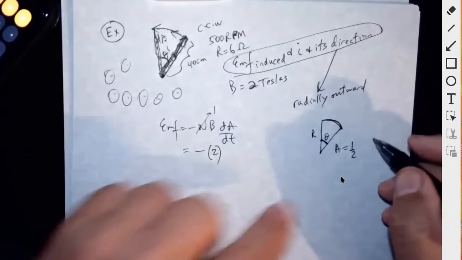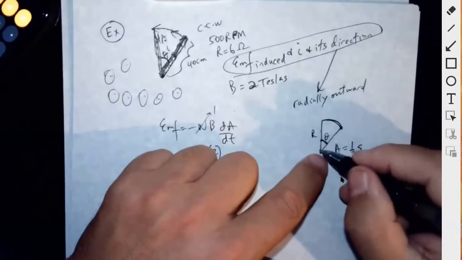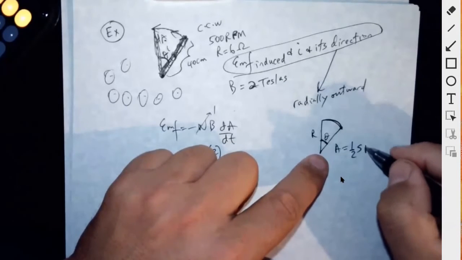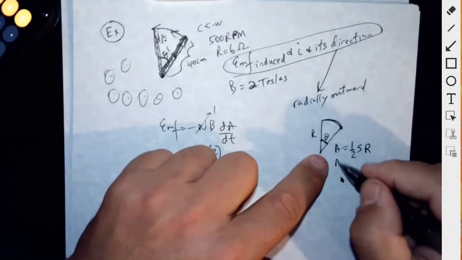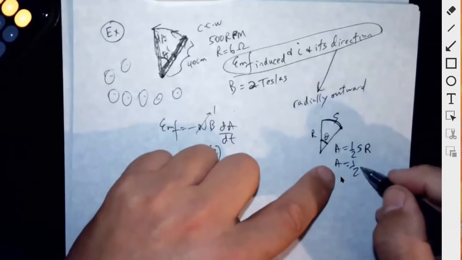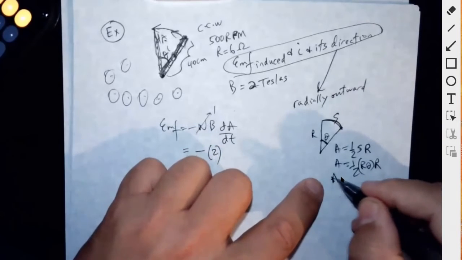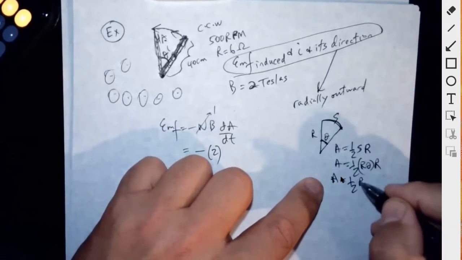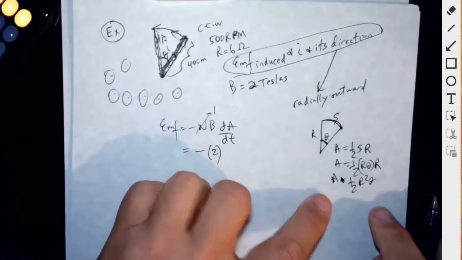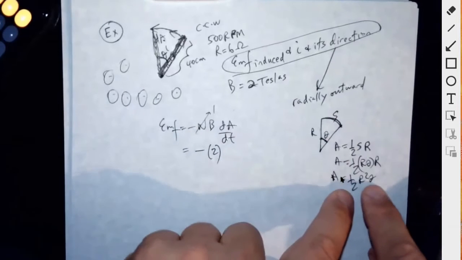Yes, it should be half times the base times the height, which is r, and the base is s, which equals r theta. So the equation for the area of a segment of a pie is half r squared theta. That should be the area, right?